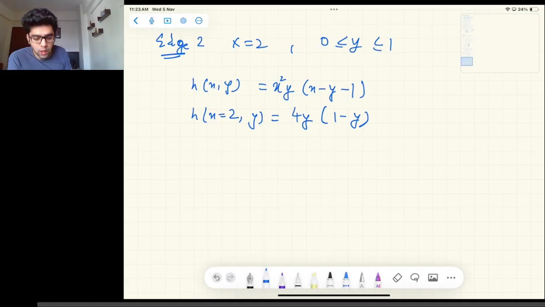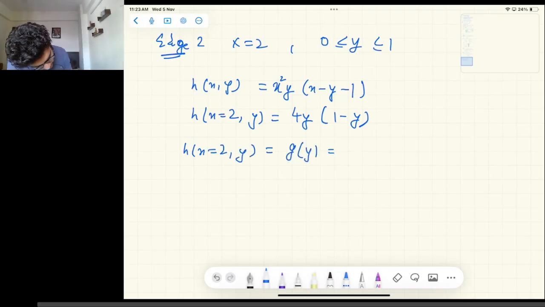And now this has become a single variable function. The only variable present now is y. So I can write h(2, y) as a function g of y, and this will give me 4y minus 4y square.